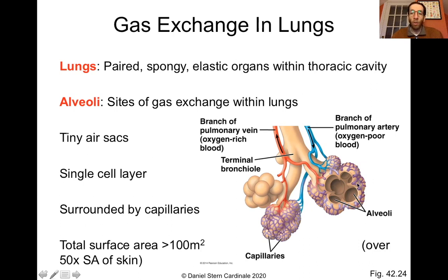This is going to limit the degree to which the oxygen is going to move into those capillaries. So while this is not as efficient as countercurrent exchange in gills, we compensate for that by having an enormous surface area over which this is occurring to get enough oxygen for all the stuff we need.